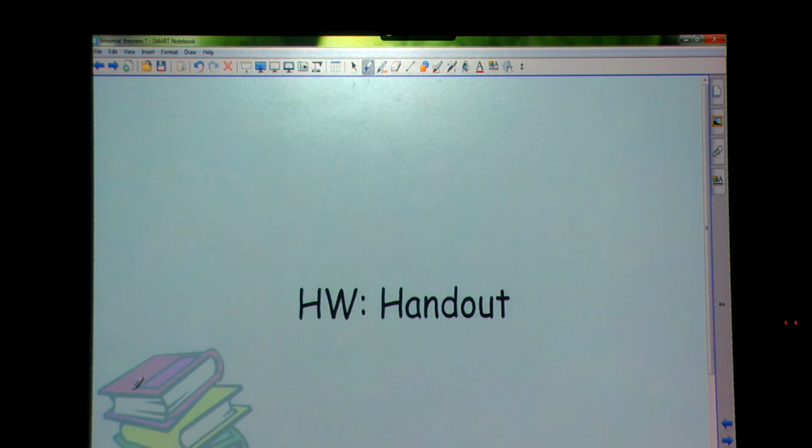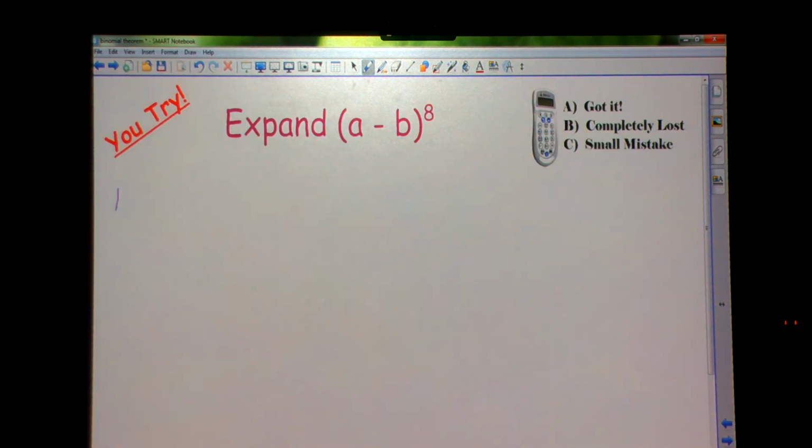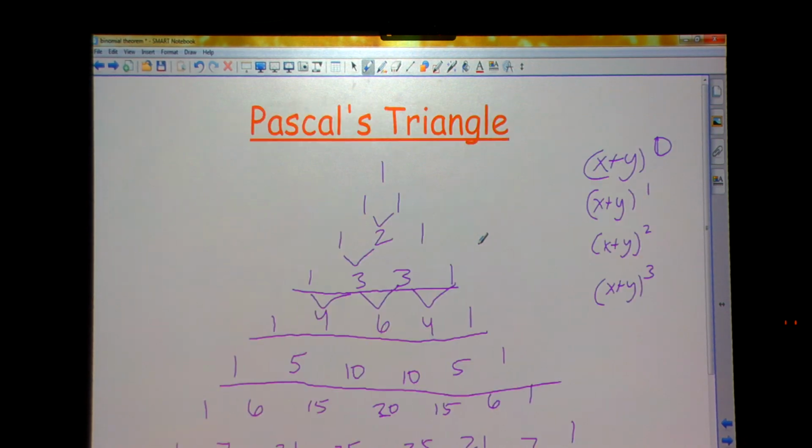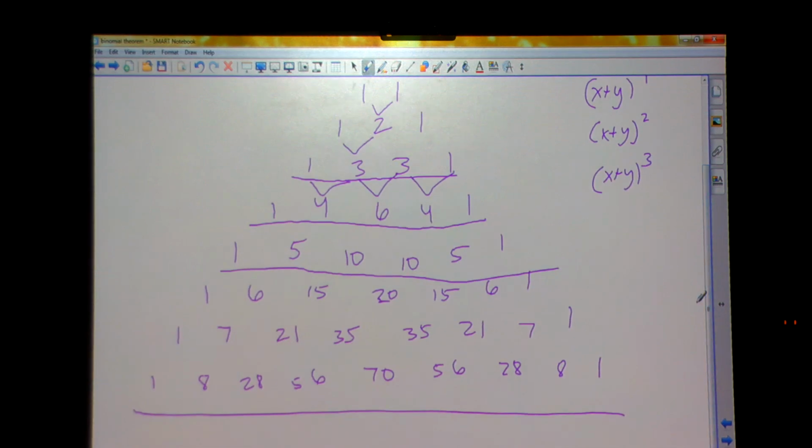Let's see if I can remember this. 1, 8, 28, 56, 70, 56, 28, 8, 1. Let me go double check just to make sure I wrote that down right. Yep, looks good.